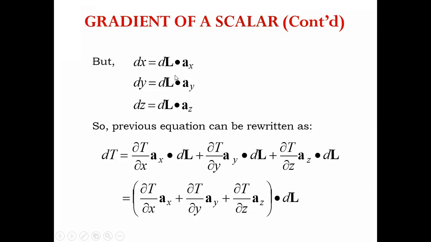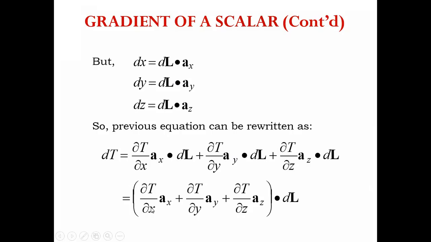Yes or no? Similarly for dy, I will take the dot product with ay and all other dot products go to 0. Then I can replace dx with ax dot dl, dy with ay dot dl, and dz with az dot dl. Yes or no?